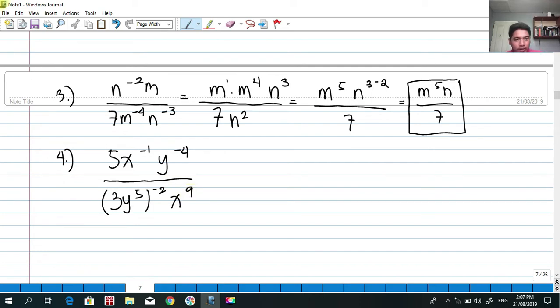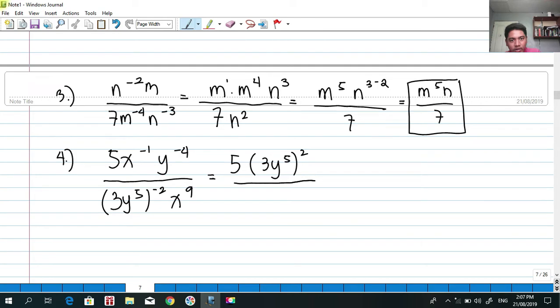Well, of course, we can do the same thing as here, get the reciprocal. So first, in order for us to eliminate the negative exponent, we need to bring these two down and we need to bring this up. So we have 5 multiplied by 3y raised to 5 squared.